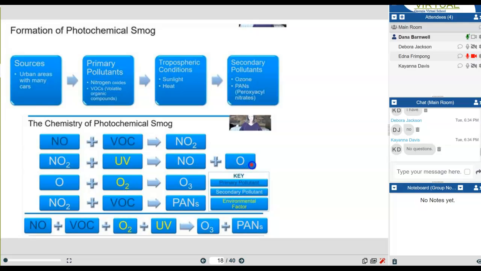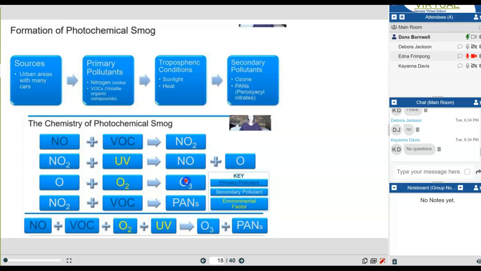That spare atom of oxygen is then easily attached, in a reversible reaction, to the regular O2 that's in the air. And when we combine that spare oxygen with that diatomic molecule of oxygen, that's how we get that tropospheric ozone, that bad ozone. Not the good ozone, but the bad stuff.